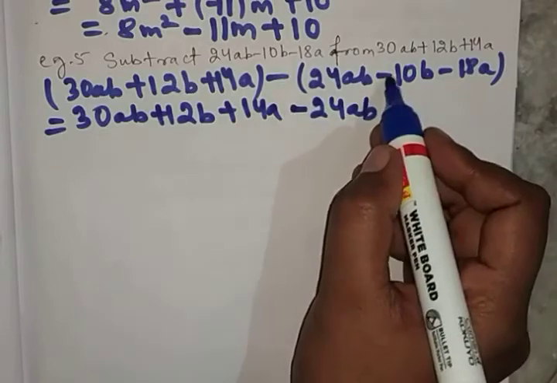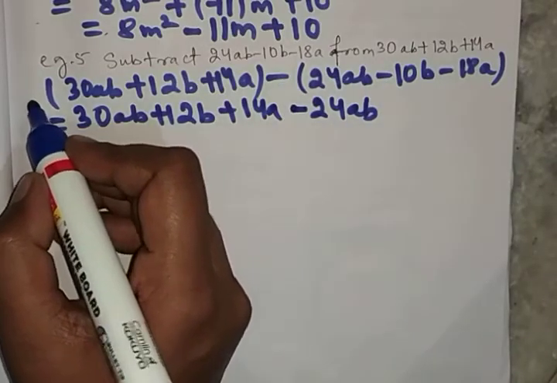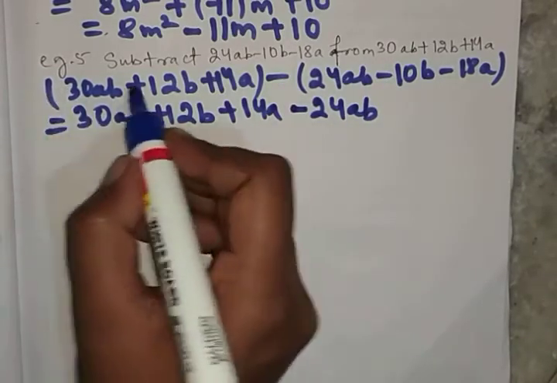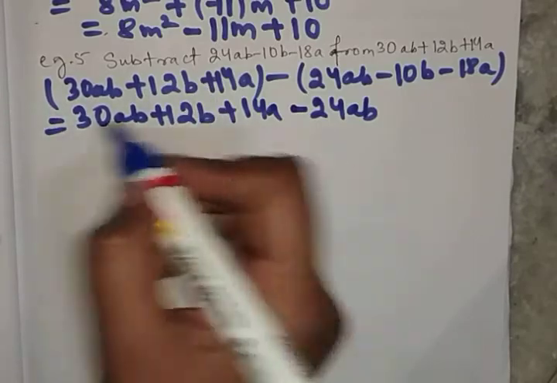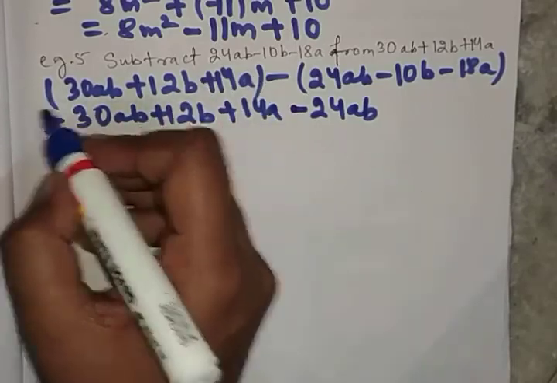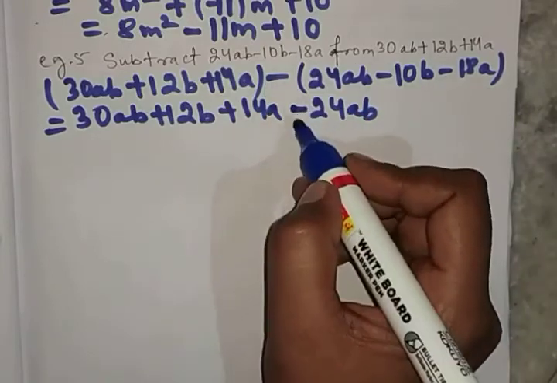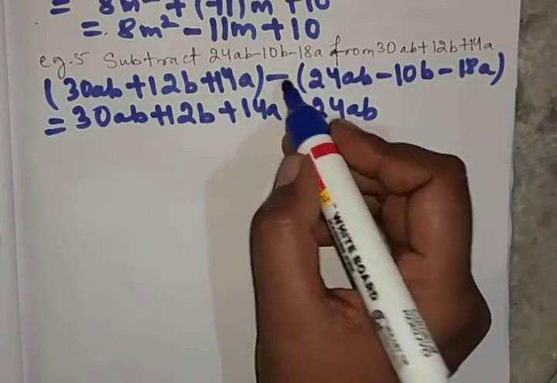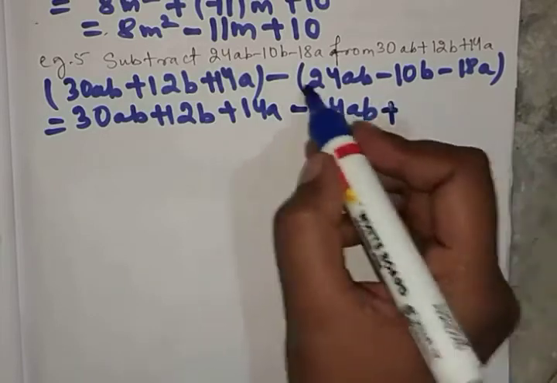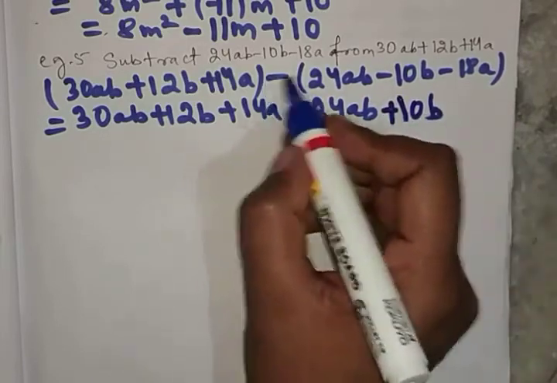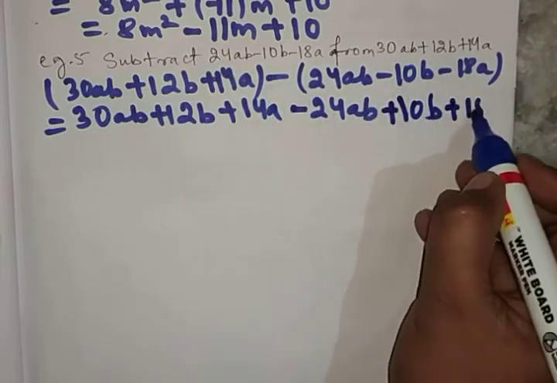Here outside, plus is there, na? That's why plus into plus is plus; whatever is there will remain if plus is there. But for minus we have to change the sign, because minus into minus is plus, so plus 10b, and minus into minus is plus 18a.